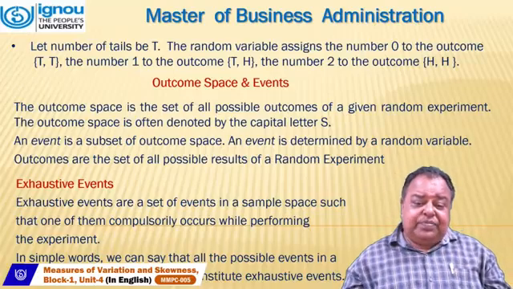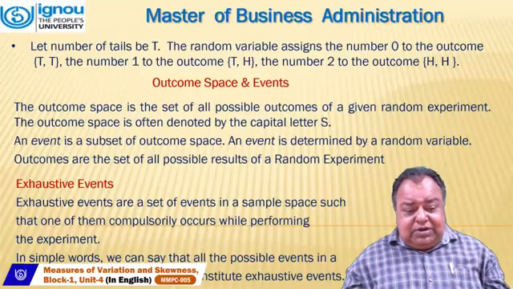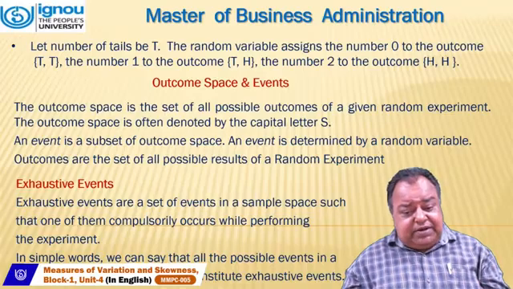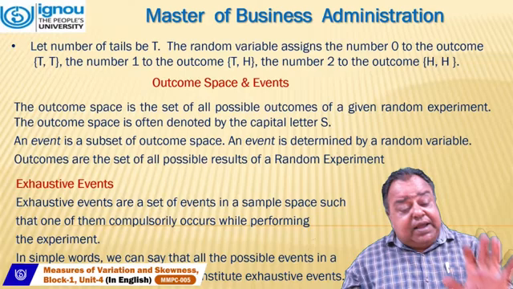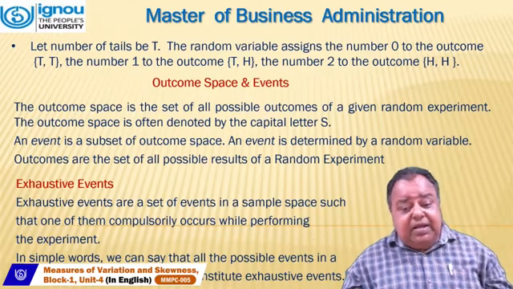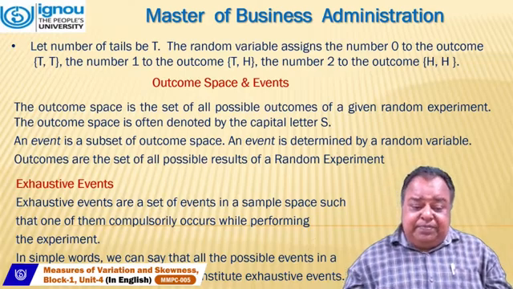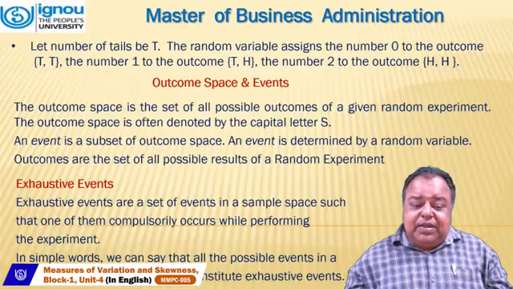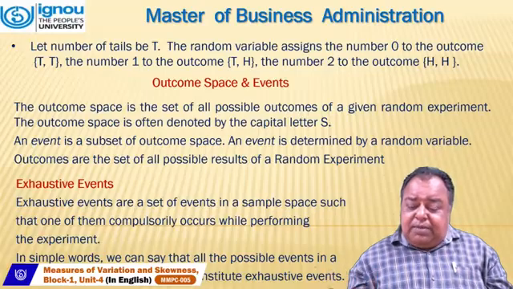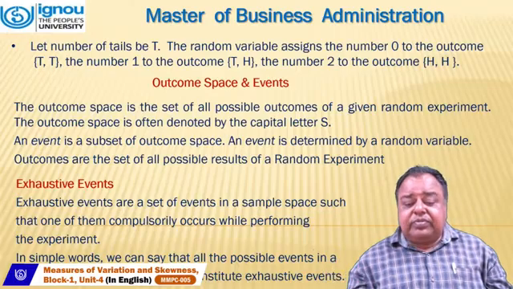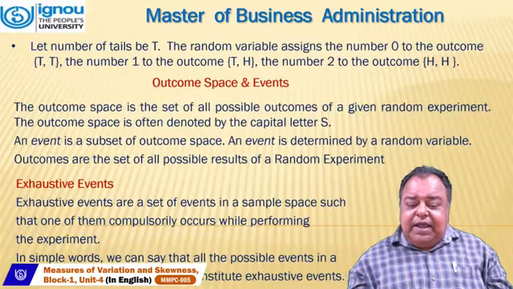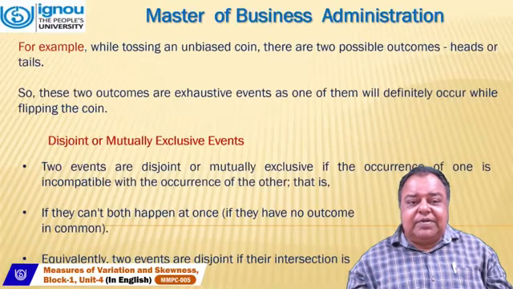Exhaustive events. Exhaustive events are a set of events in a sample space such that one of them will compulsorily occur while performing the experiment. That is, all the possible events in a sample space of an experiment constitute exhaustive events.